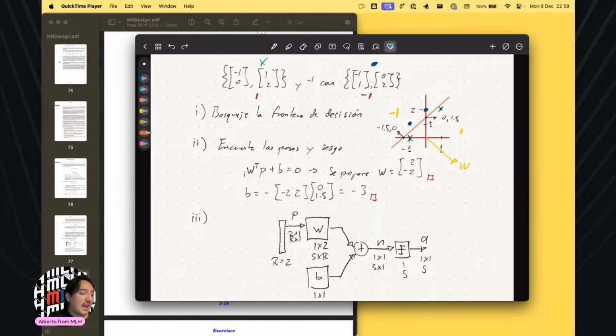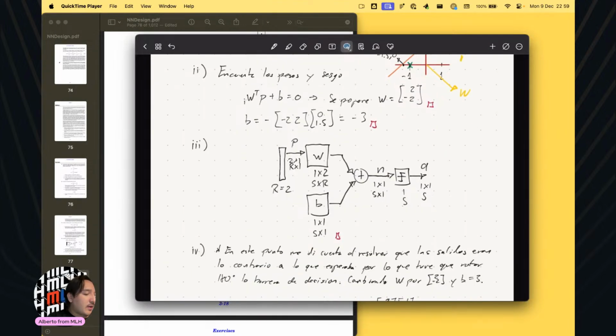In this case it has a value because we need to move the boundary away from the origin. Otherwise, the decision boundary will be here in the center. So we move it here and the value is -3, right? Hope it makes sense. So this is how the network looks, and these are the values that we're using.